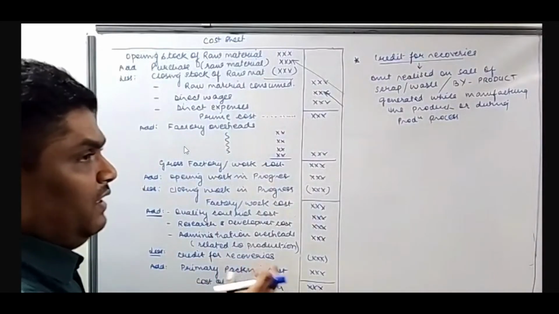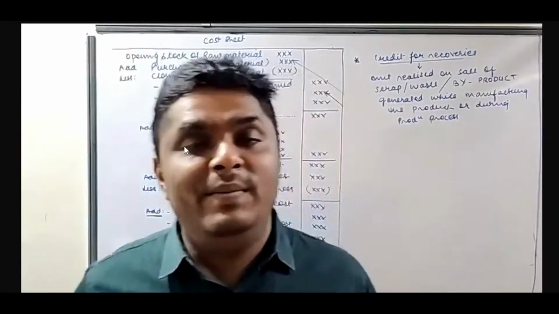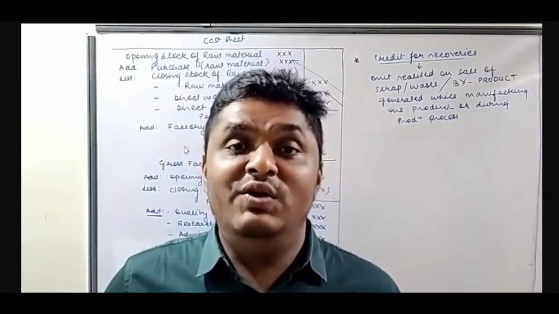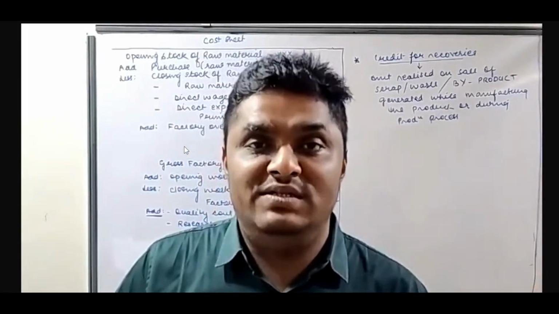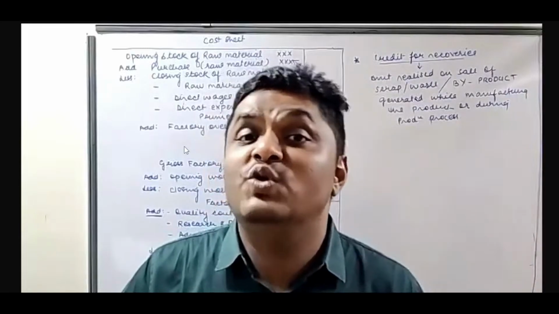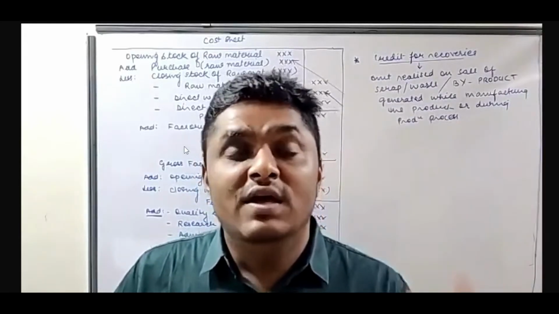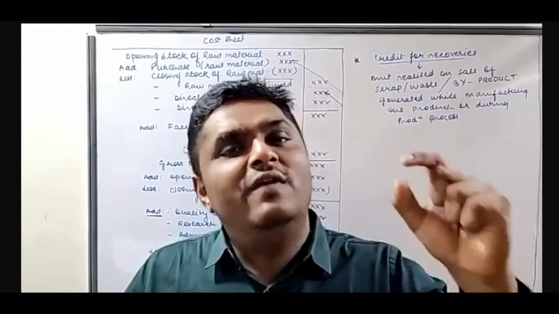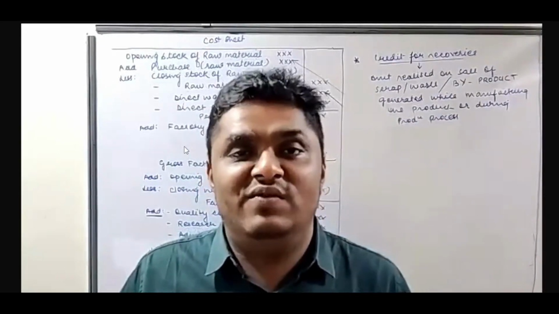That is credit for recoveries. But let's say I'm into manufacturing sugar, and during transit some of the raw material is damaged. During transit, only some of the sugar canes were damaged, and we have to just scrap a few sugar canes. So the amount realized on sale of scrap of sugar canes will be deducted from the purchase price of raw material.